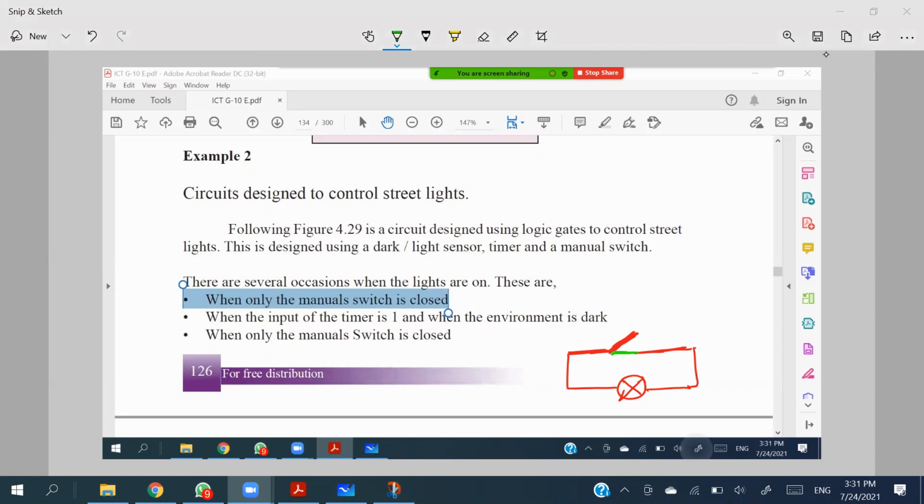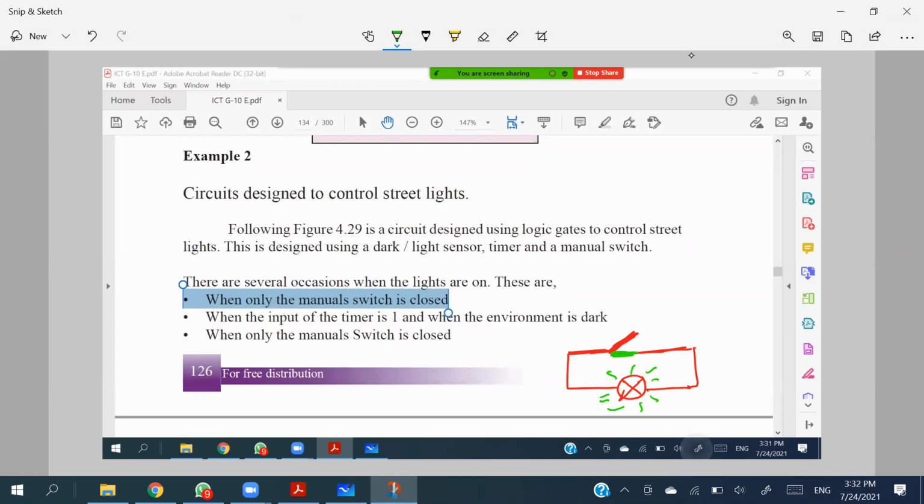They are indicating two different scenarios in which this light can be on. When the switch is closed, you can make this particular green color scenario: the bulb is on because the circuit is complete.